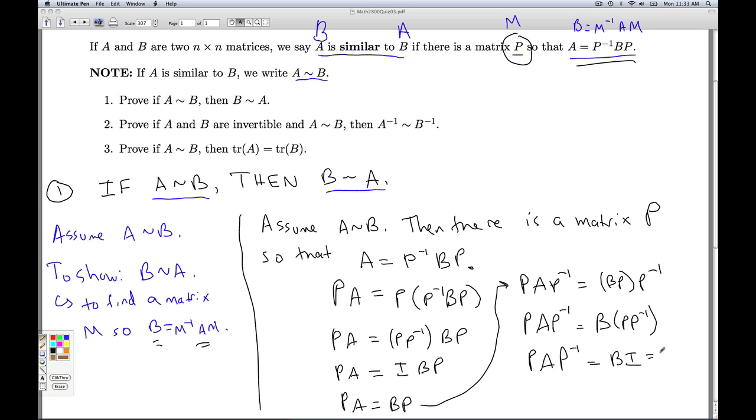So B times I is B, and so I get B is equal to PA P inverse. Now at first you might be a little disappointed, because I'm trying to find a matrix M so that B is equal to M inverse AM. Well, I can match this up. I can let M be P inverse.